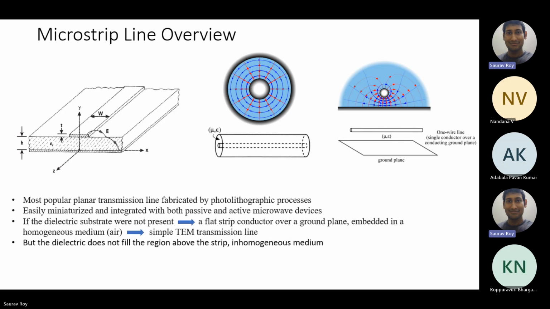And another thing is, instead of a cylindrical thing, let's take a flat conductor. If you make the cylindrical structure into a flat conductor, then it will become exactly like the microstrip line. Okay, yes, sir. So this equivalence you should always think about. That's why it is very easy to visualize how all of them are connected.